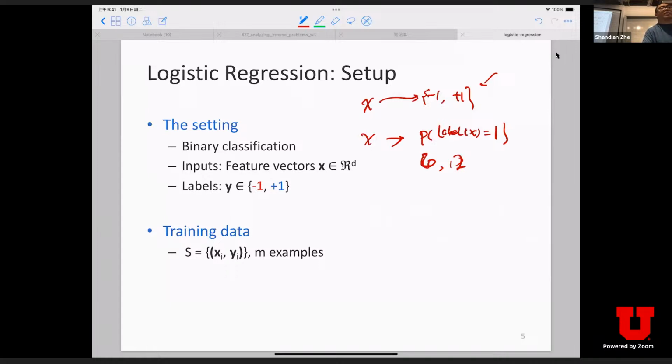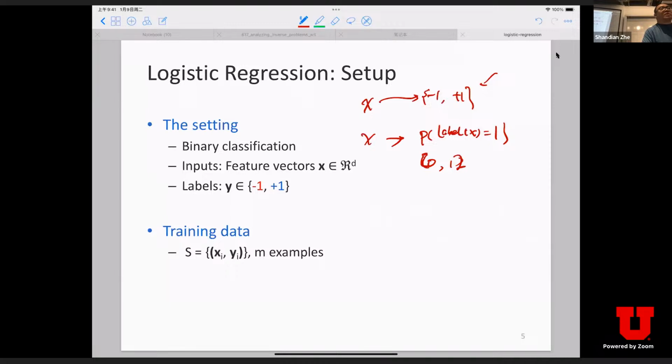It could be 0.56, just meaning that you believe the chance the label of X is 1 is 0.56. If it's 0.9, you have a higher confidence to classify X to be positive. If it's 0.1, you would probably classify X to be negative. So that's the setting of logistic regression.